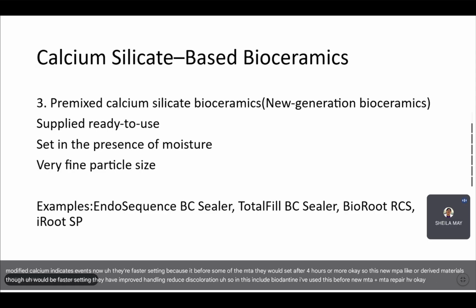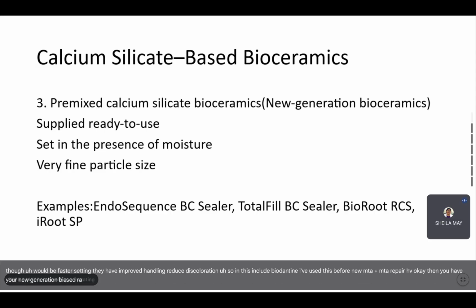Then you have your new generation bioceramics. They're ready to use. They set in the presence of moisture, similar to your other calcium silicate materials. They have very fine particle size, and these are the examples.